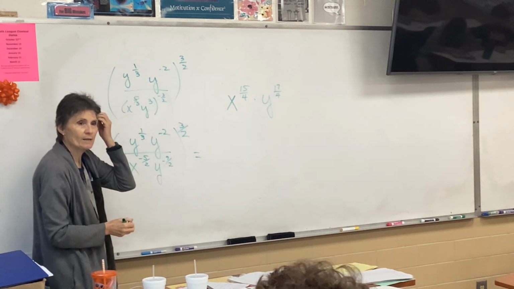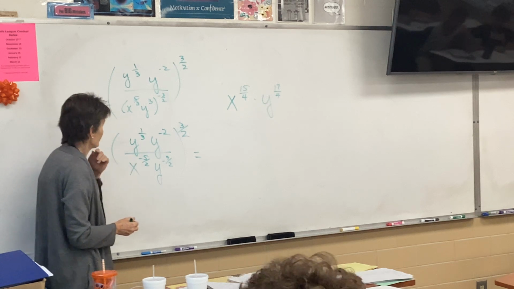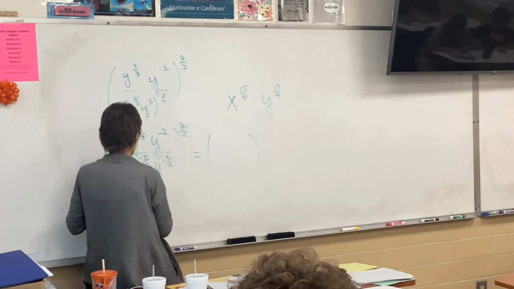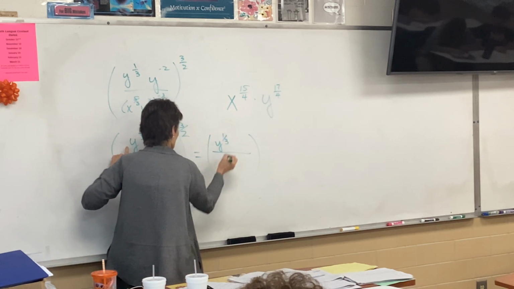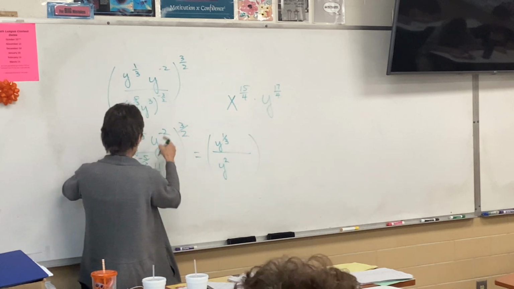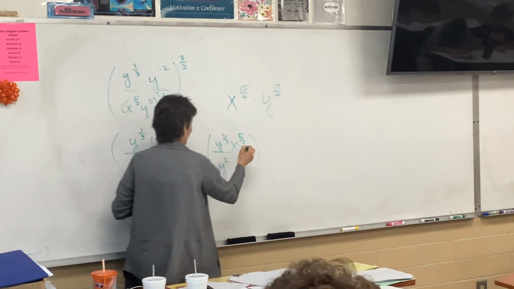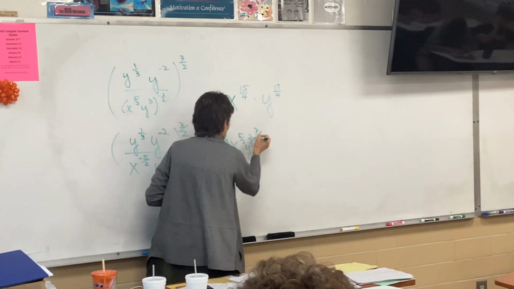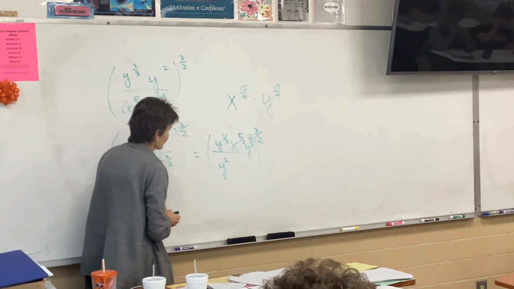All right, what do you want to do next? Get rid of the negatives. Okay, so we can rearrange things inside the parentheses. So we're gonna have y to the 1/3 up there, y squared down here, x to the 5/2 up here, and y to the 9/2 up there, to the 3/2. So this came down, those came up.